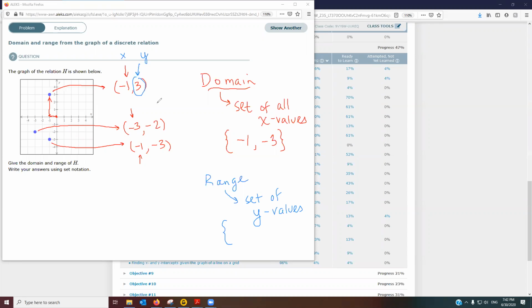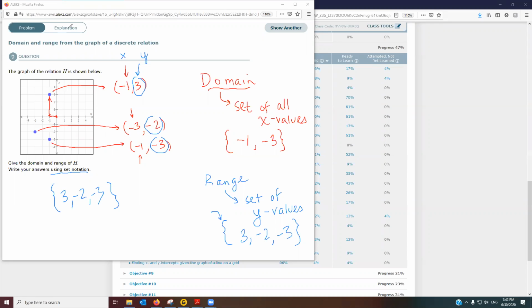It looks like it's a 3, a -2, and a 3. So 3, -2, -3. The order doesn't matter when you write these elements in a set, so you can really write them in any order. And I know to use these curly braces because the problem said using set notation. Set notation means writing it inside curly braces like this.